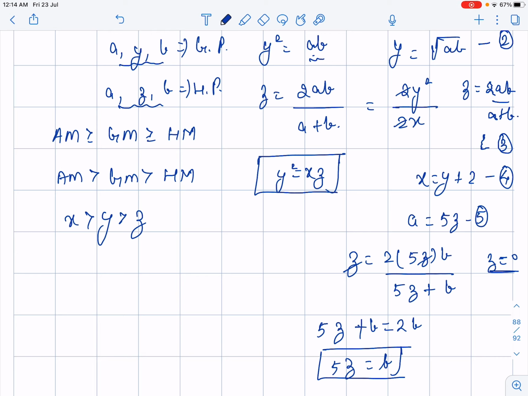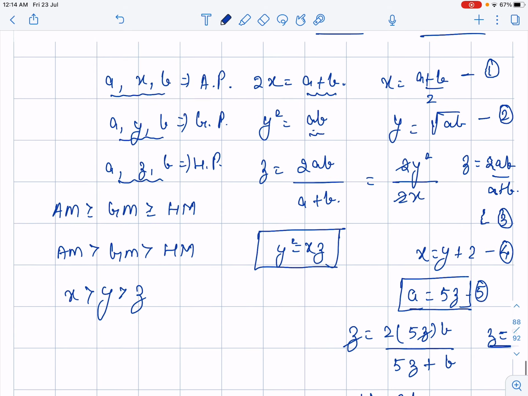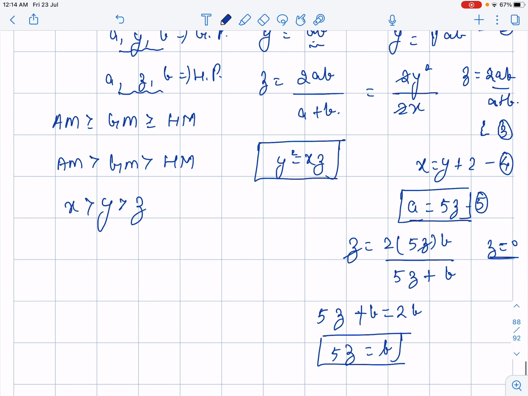Now my dear students, a is equal to 5z was given to you, and I got the value of 5z as b. That means a is equal to b, is it becoming like that? Let's see. No, it is not becoming like that. It was 10b over here. So we'll be writing 5z plus b is equal to 10b, or 5z is equal to 9 times b.